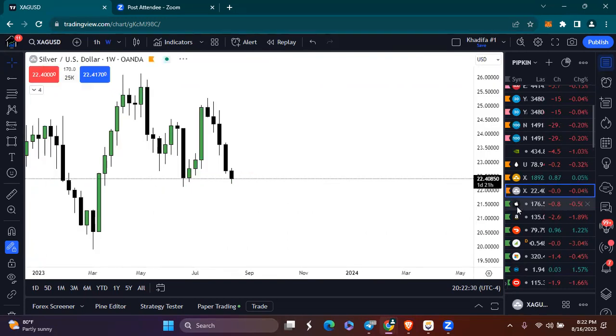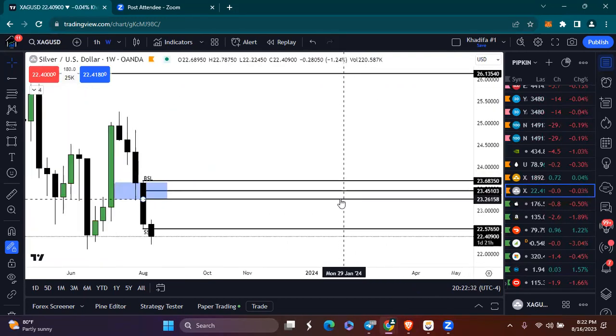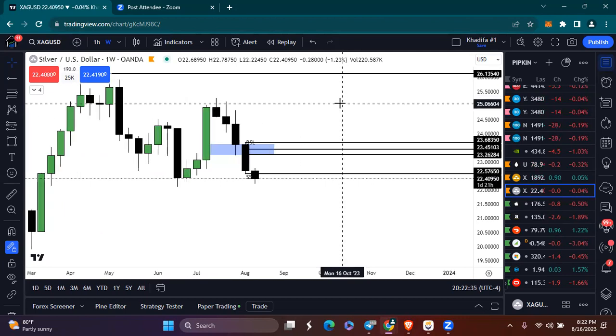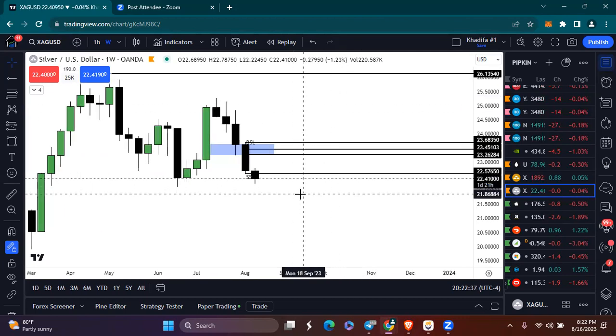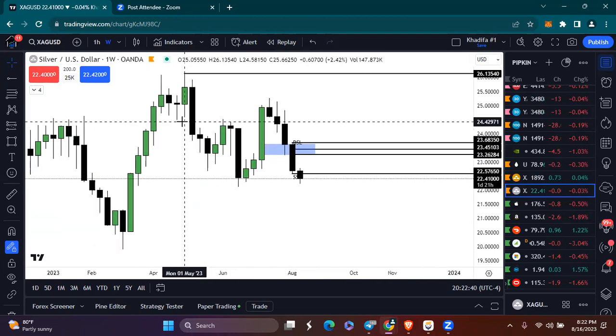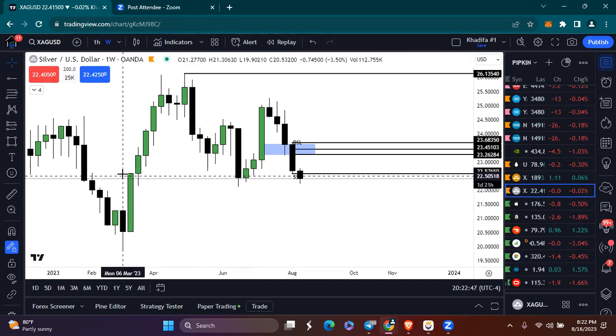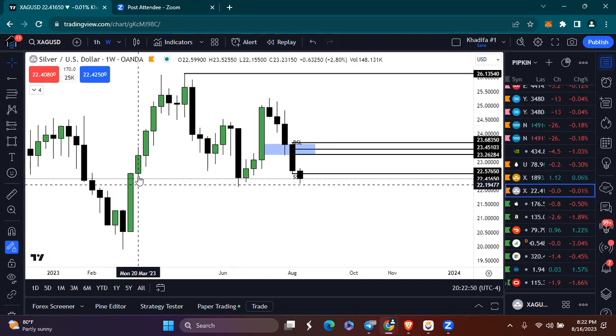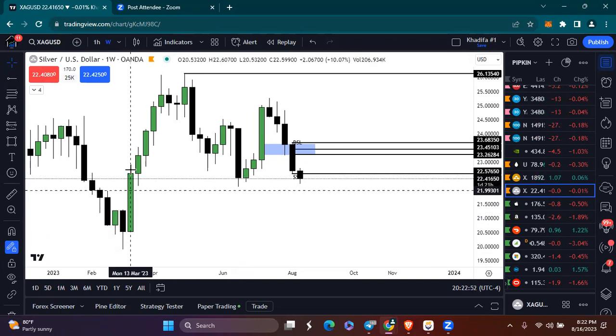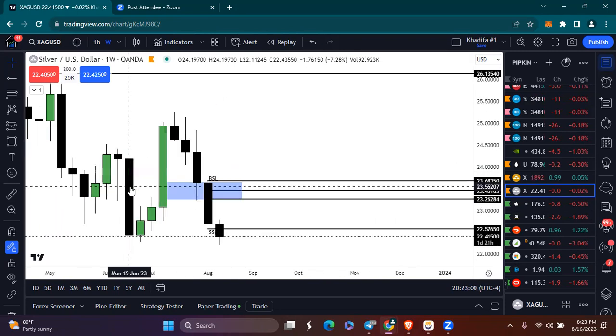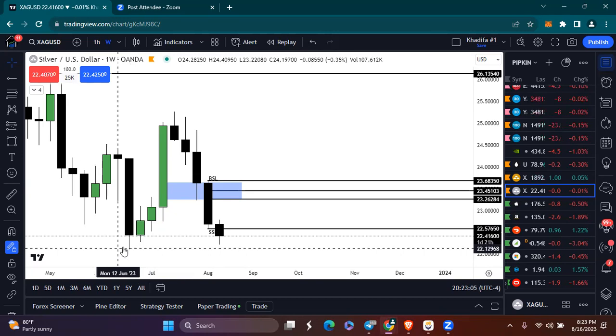And let's look at metals. I don't see why silver wouldn't keep falling down into this big imbalance that we see right here from March, and it's not too far from running this sell side liquidity from June this year.